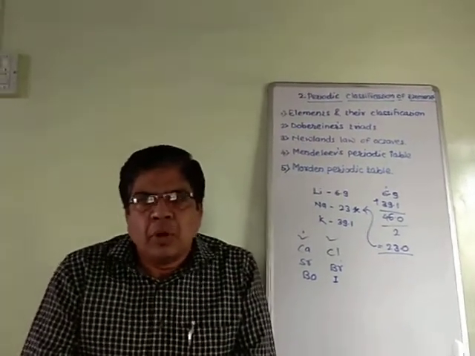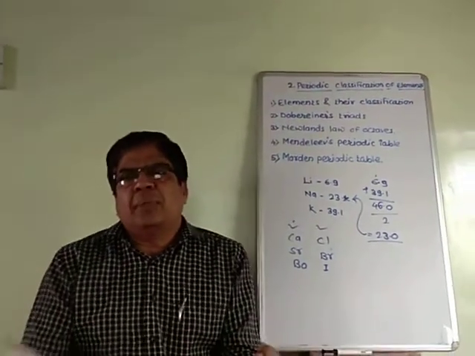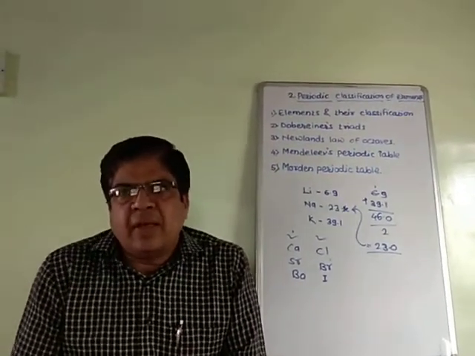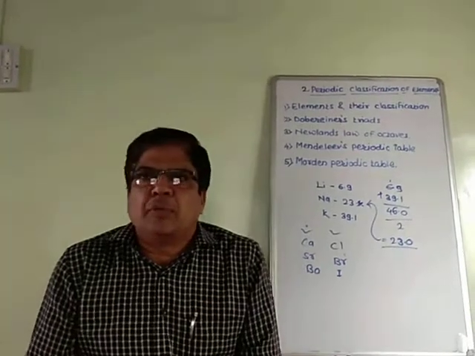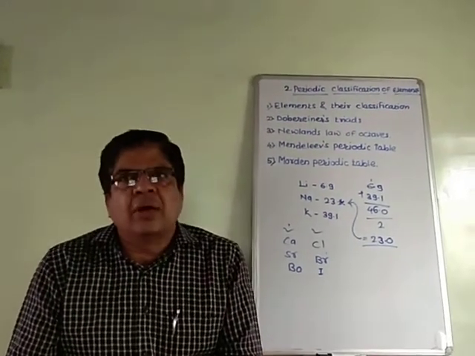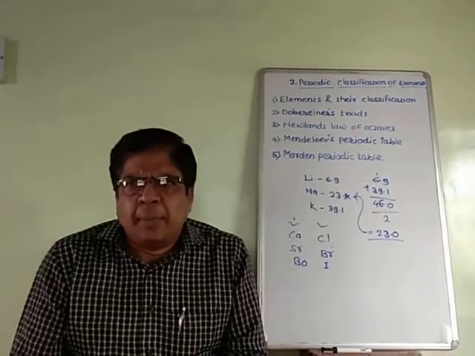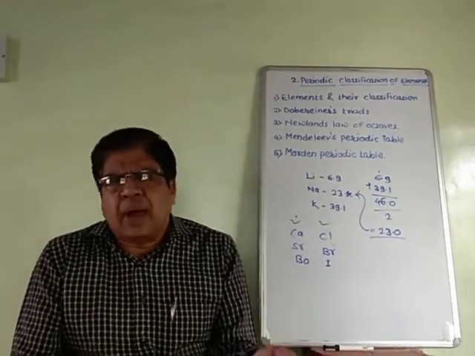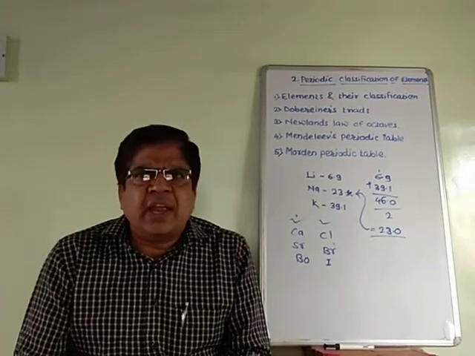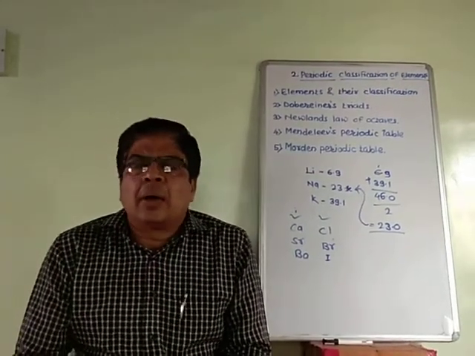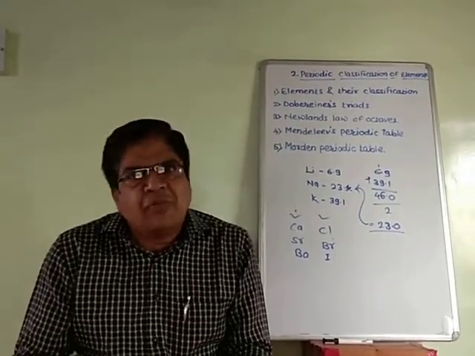From this information we may conclude that atomic mass was considered a fundamental property of the element. Dobereiner, Mendeleev, Newlands, all these scientists put forth ideas about the elements considering atomic mass a fundamental property.